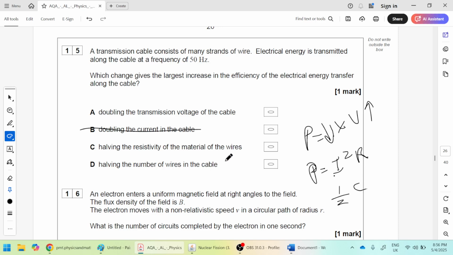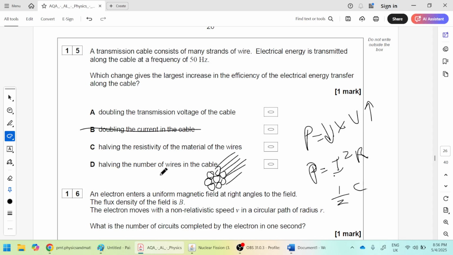Halving the number of wires in the cable. If we reduce the number of wires in the cable, we are reducing the cross-sectional area by half, aren't we? Because let's say these are the wires in the cable. The more wires there are in the cable, the bigger the cross-sectional area is.